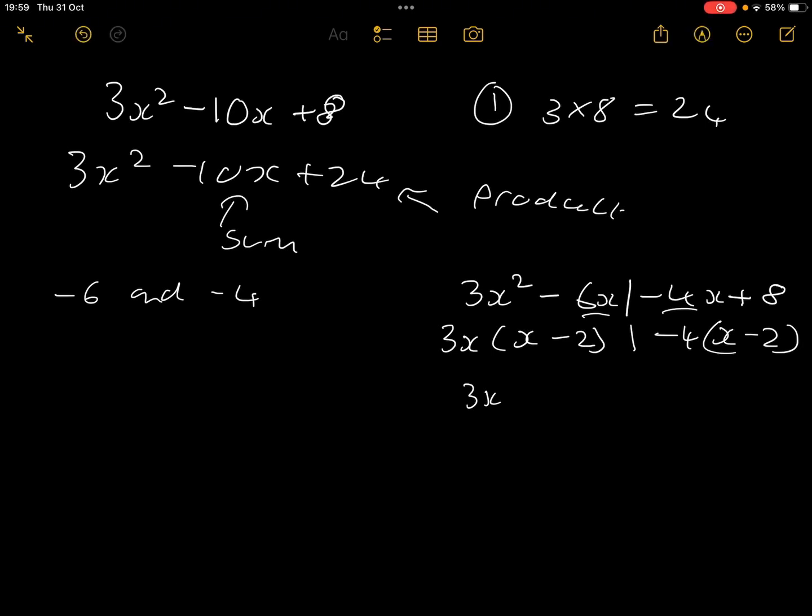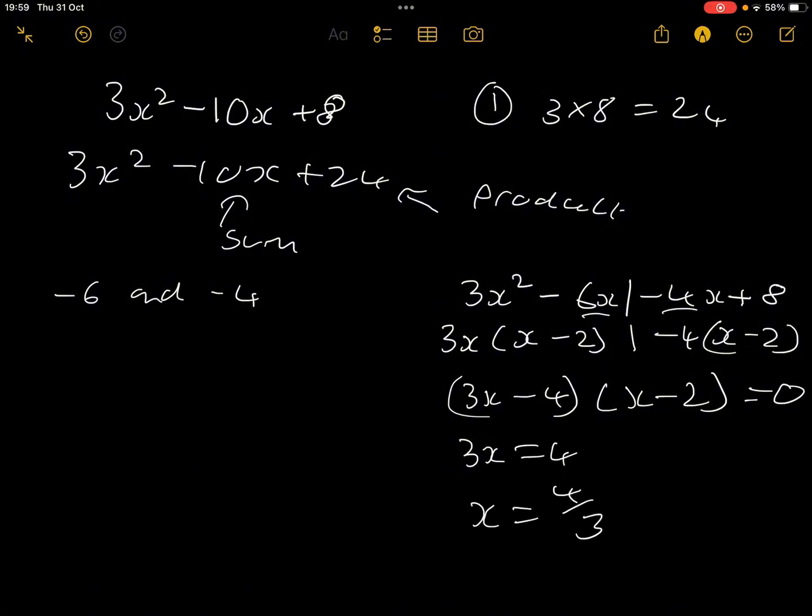Our two factors are now 3x minus 4 and x minus 2, therefore 3x equals 4, so x must equal 4 over 3, and x must also equal 2. There are two solutions.